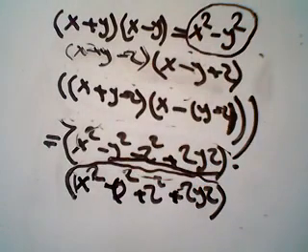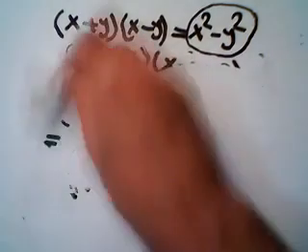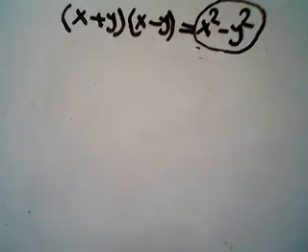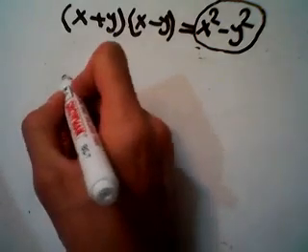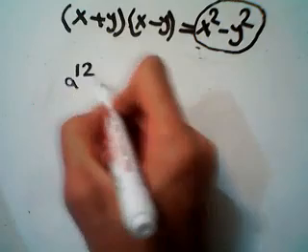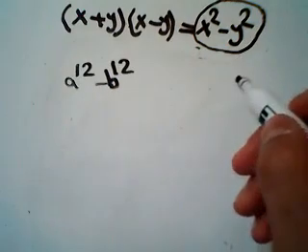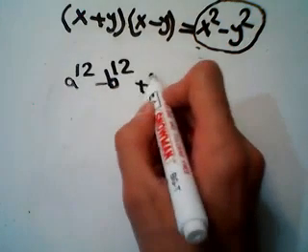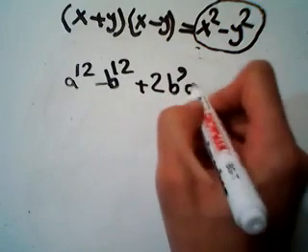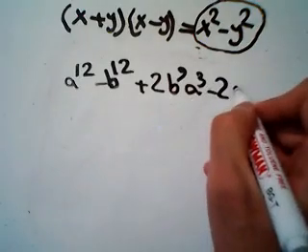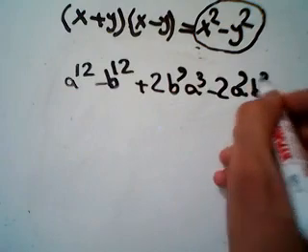Anyway, a to the power of 12 minus b to the power of 12 plus 2b to the power of 9 a cubed minus 2a to the power of 9 b cubed.